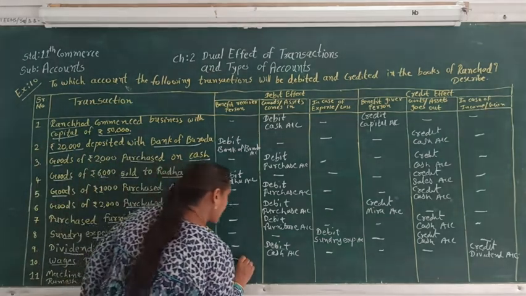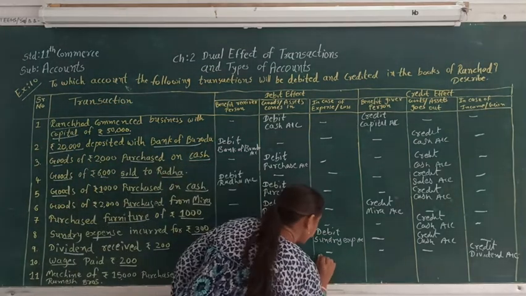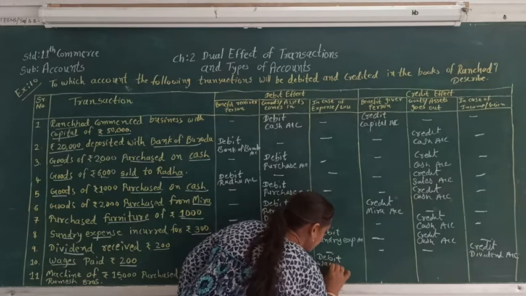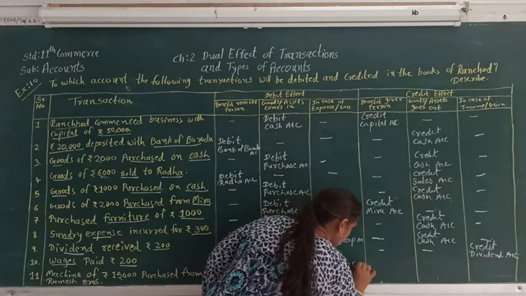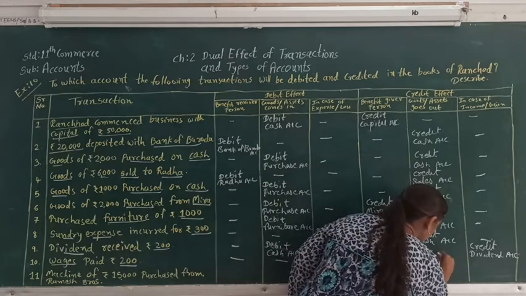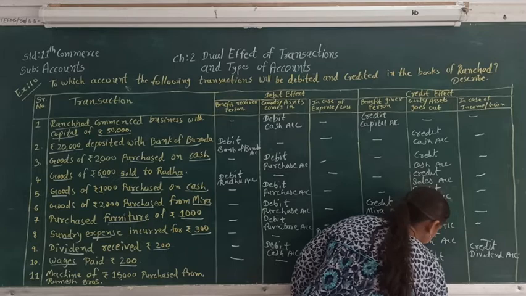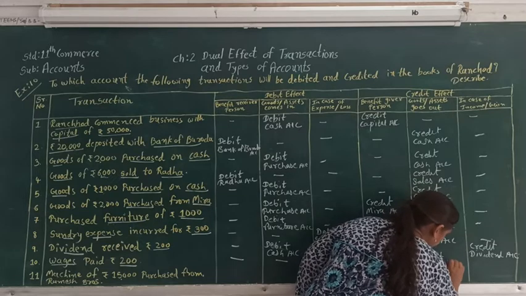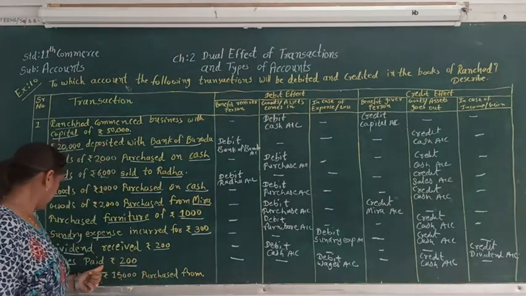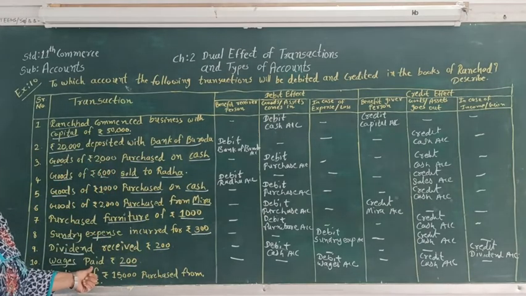So here debit wages account, and here credit cash account. So this is the wages paid.